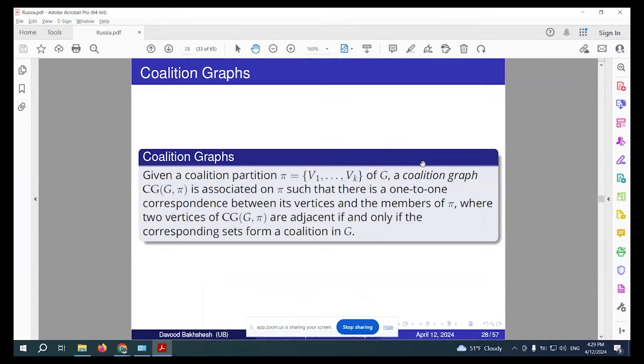Suppose that we have a coalition partition P with elements V1, V2, and Vk of G. Now, according to this assumption, a coalition graph denoted by CG of G and P is associated on P such that there is a one-to-one correspondence between its vertices and the members of P, where two vertices of CG of G and P are adjacent if and only if the corresponding sets form a coalition in G.